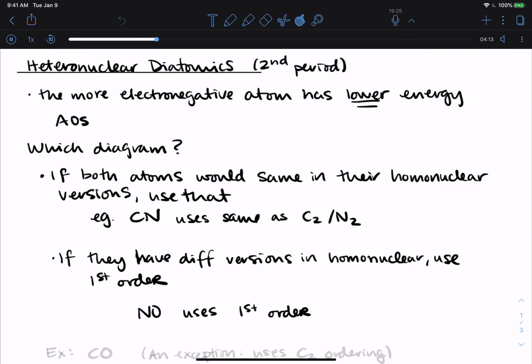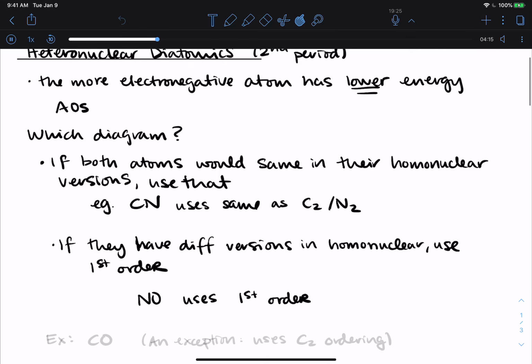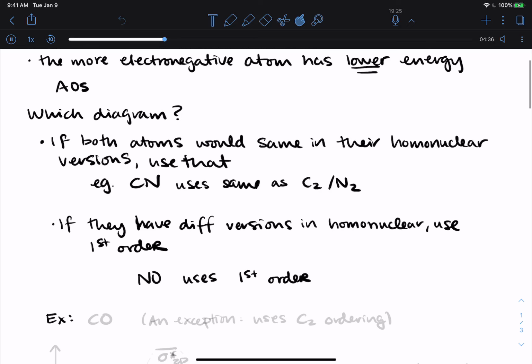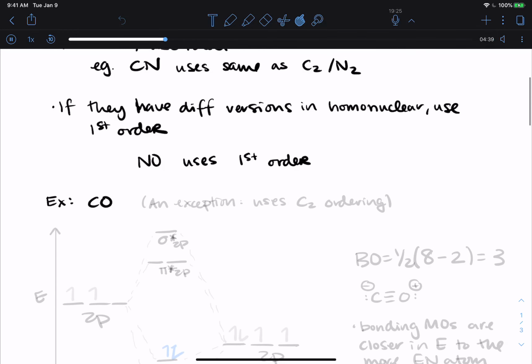If there are any exceptions, I will tell you that it's an exception, and the example that we're going to do is an exception that, depending on what classes you take after this, is so commonly known as an exception they may not tell you, but for now, while we're in Gen Chem, I will let you know. So let's do an MO correlation diagram for carbon monoxide.